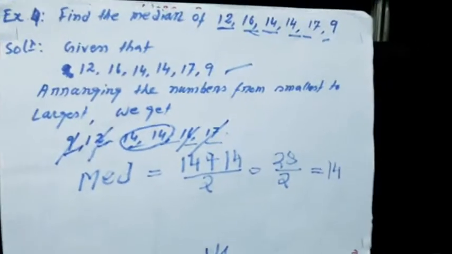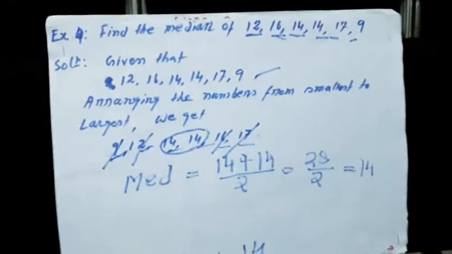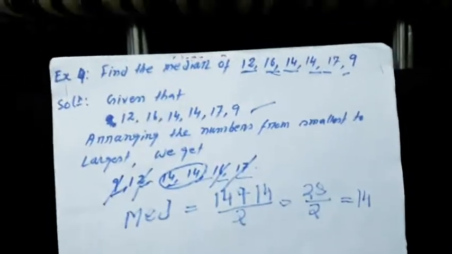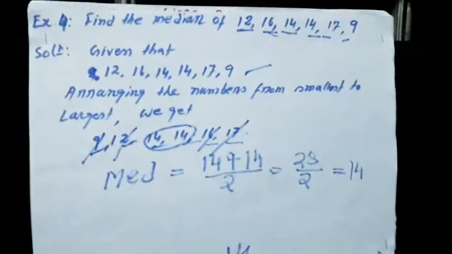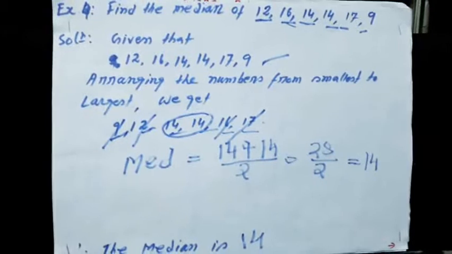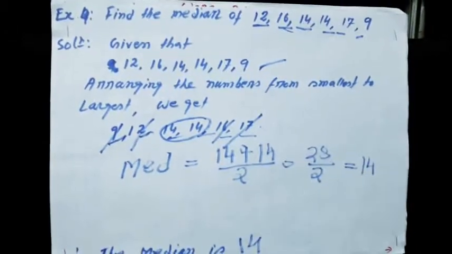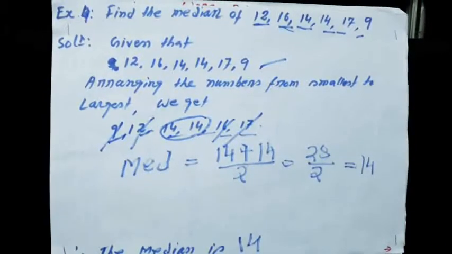But for a continuous series or observations having class intervals, a different formula will be applied.